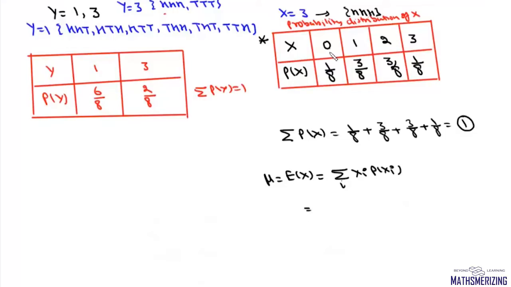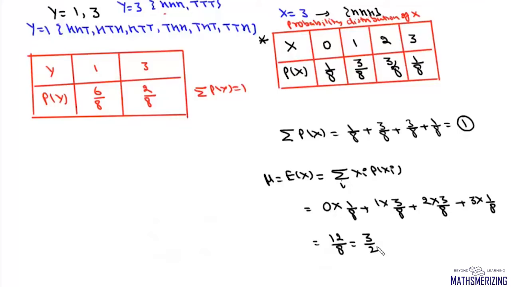Here the value of x is 0, corresponding probability is 1 by 8, so it will be 0 into 1 by 8 plus 1 into 3 by 8 plus 2 into 3 by 8 and plus 3 into 1 by 8, which is 12 by 8. So in this case, the mean of the random variable is 3 by 2. Now once we have this mean, we have to calculate its variance.